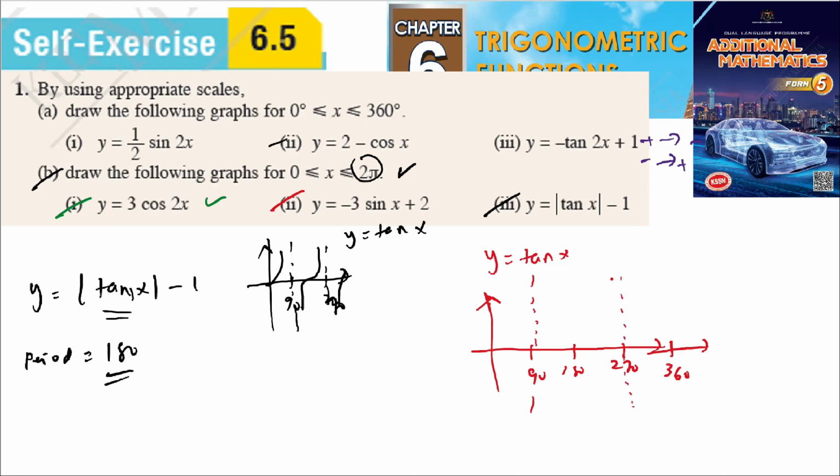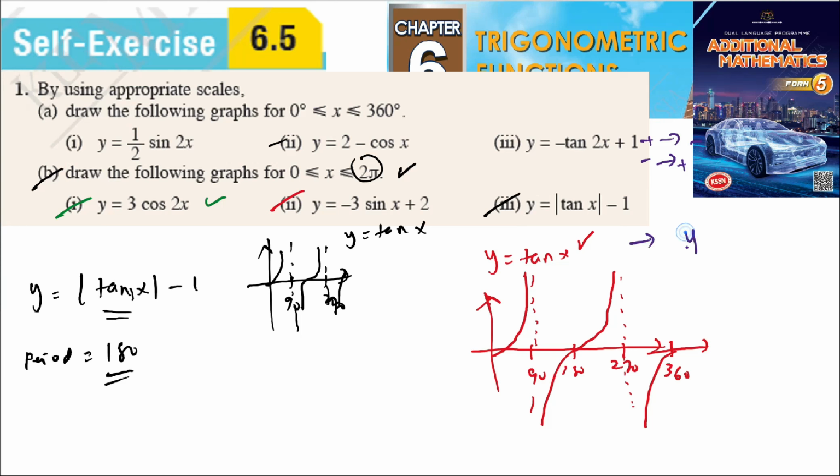Right, so this one is passing, almost touching but not touching. So this one is something like this. So up, down, this one is up again, and this one is going down. So this one is y is equal to tangent x.